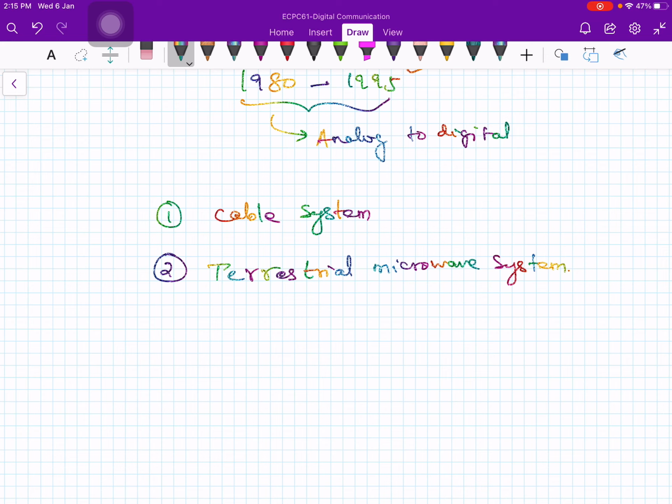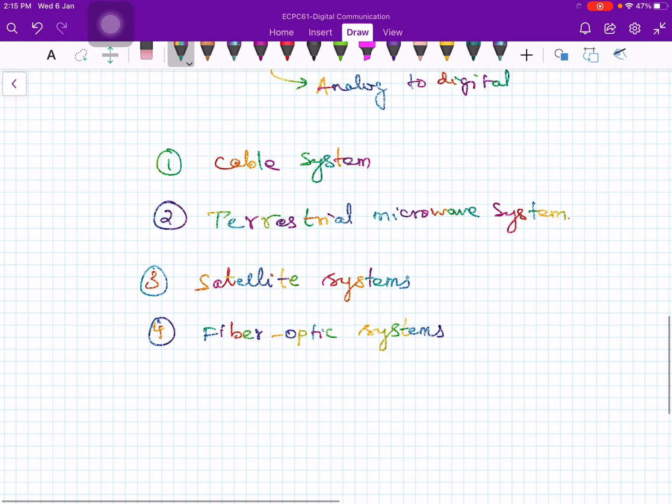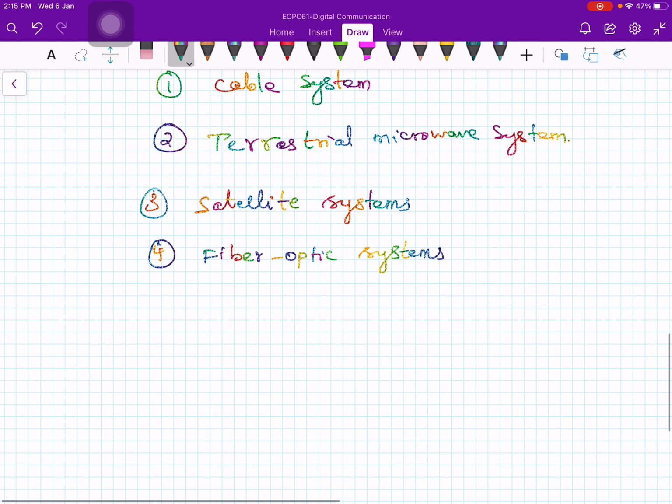The third one is satellite systems, and the fourth one is fiber optic systems. These are very common knowledge, and I'm sure all of you are quite familiar with these systems. So we have 4 kinds of systems.